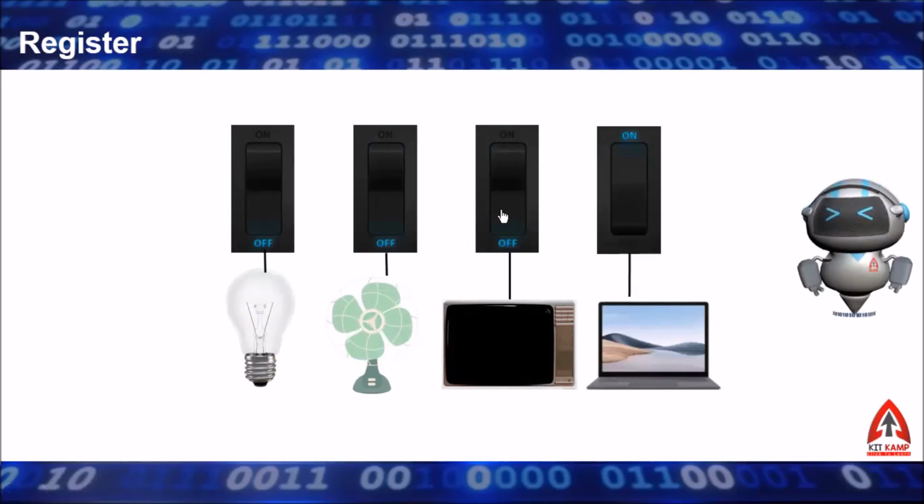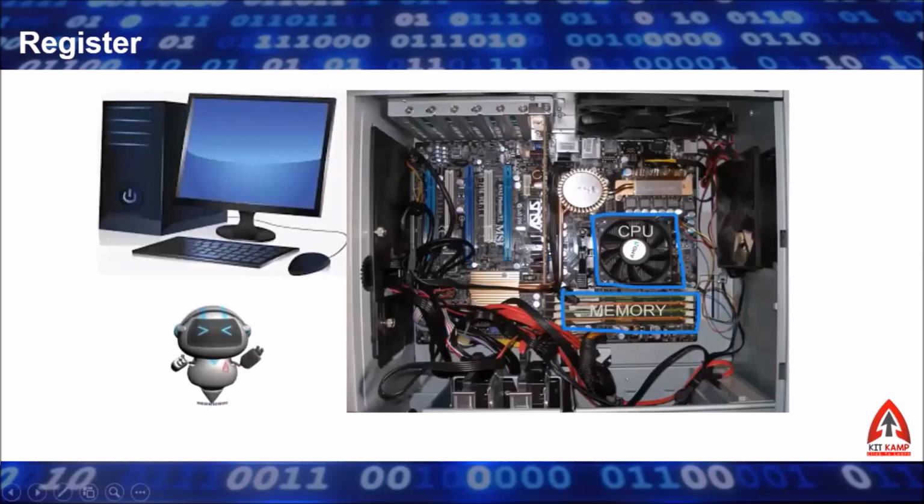Same with the other devices, but these switches are directly connected. But how do we control a complex system, just like a computer or any other electronic device, a remote control car, or even a robot? In my previous video, we discussed how there are a million tiny switches inside a microchip, and how instructions are forwarded and processed.